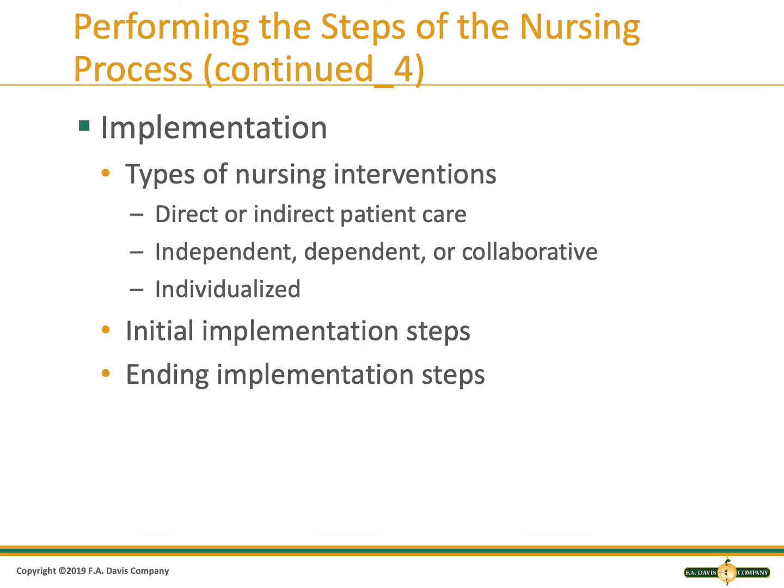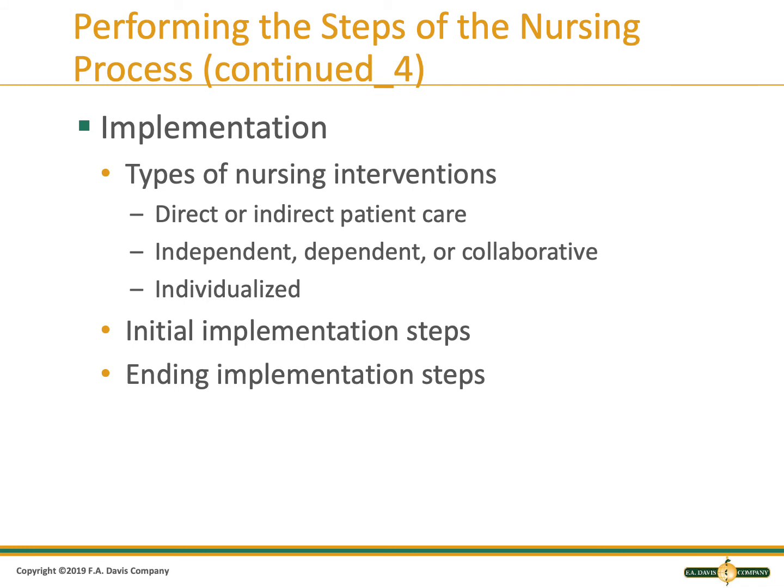Okay, so far we've talked about assessment, diagnosis, and planning. Remember the acronym ADPI: assessment, diagnosis, planning, and now implementation. Implementation part of the nursing process. There are different types of nursing interventions. They talk here about direct or indirect patient care. Direct patient care is when the nurse interacts with the patient directly, such as with bathing, teaching, listening, medication administration.